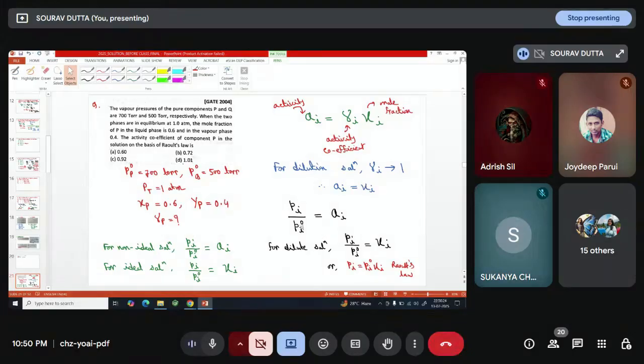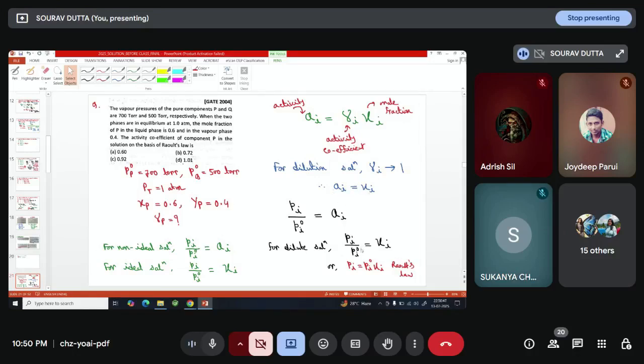We can also write the partial pressure of the ith component divided by the partial pressure of the ith component in the pure state. Pi by Pi naught equals the activity of the ith component. So for a dilute solution, we can write mole fraction in place of activity.